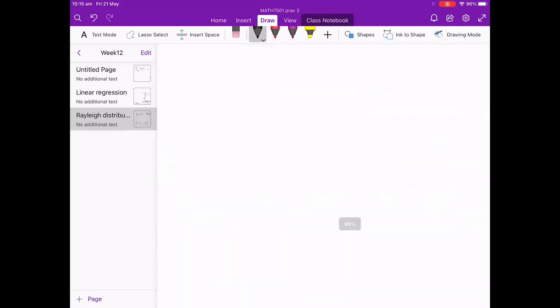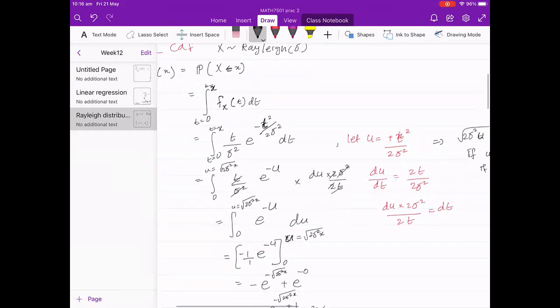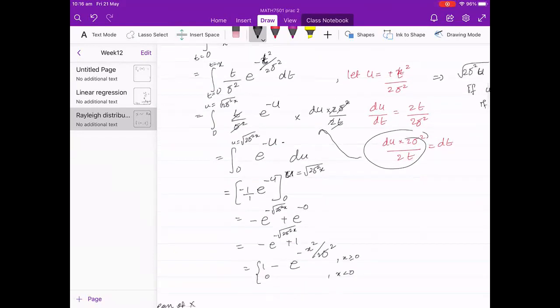Okay, so I let u equals t squared over 2 sigma squared, which means du by dt is 2t over 2 sigma squared, and then get what is dt, and sub in this part over here, we get only e to the power minus u, which when you integrate is minus e to the power minus u.